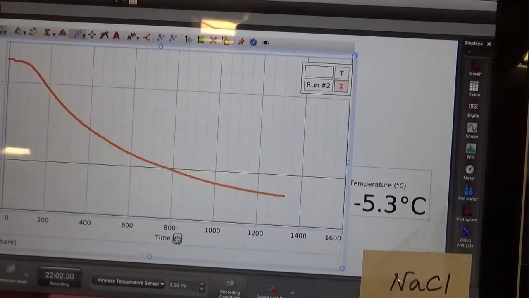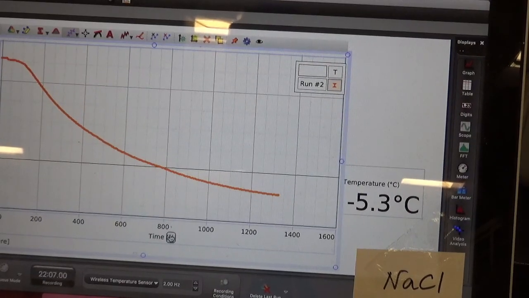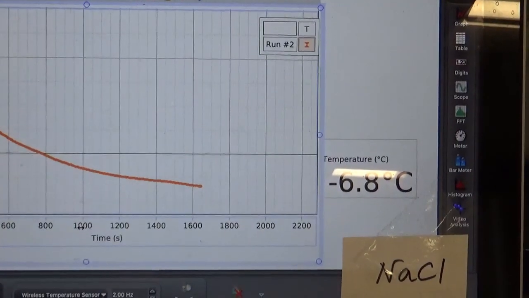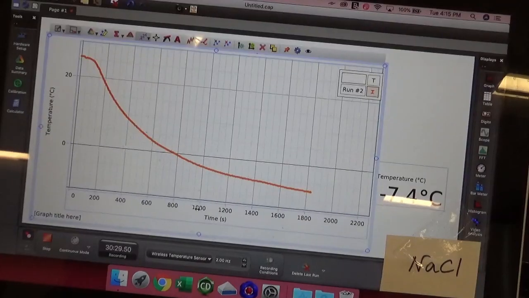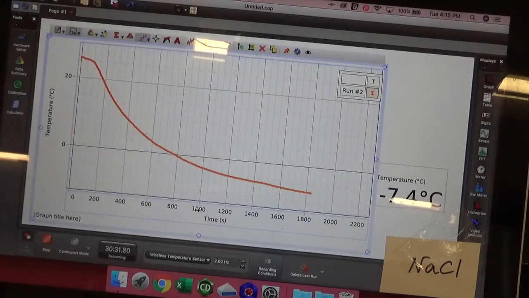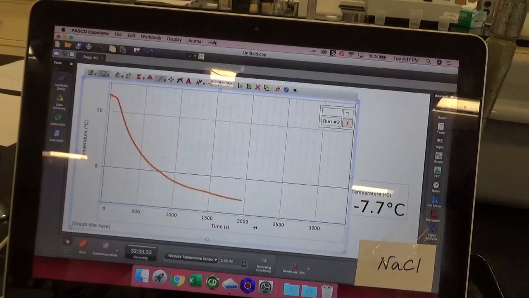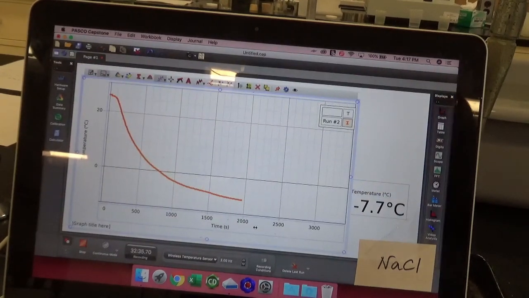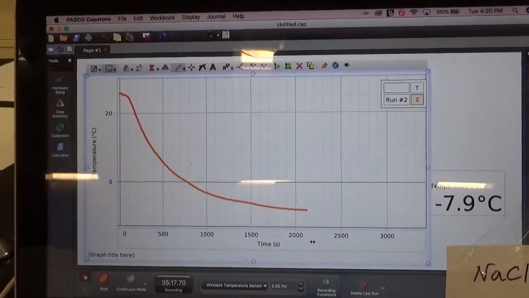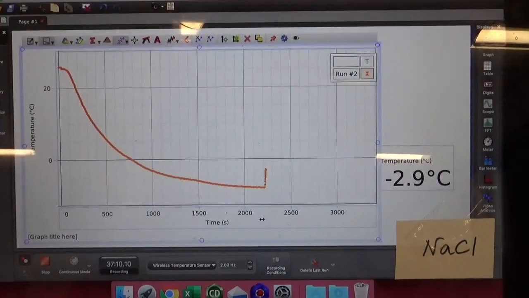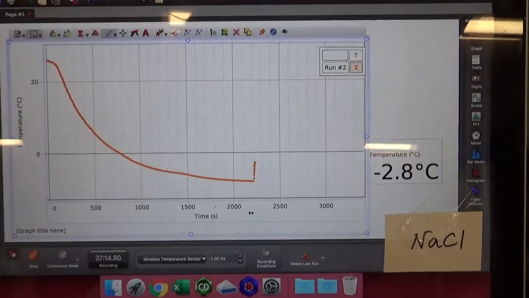Negative 5.3, all right. Victory! Whoa! I missed it, huh?